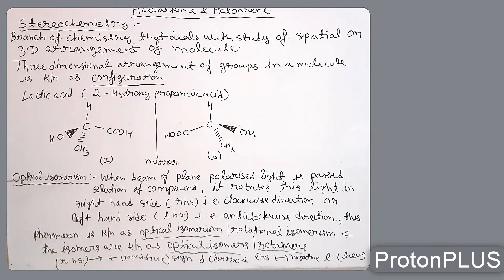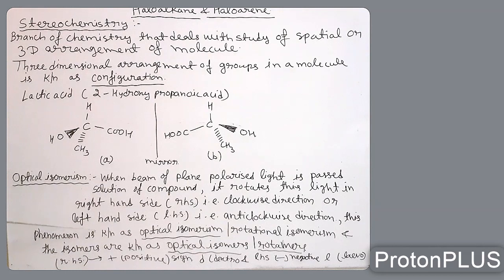When we take a beam of plane polarized light and pass it through a solution of the compound for which we have to check the optical activity, the optical isomerism, it rotates this light to the right hand side, that is RHS, known as clockwise direction, or to the left hand side, that is LHS, the anti-clockwise direction.